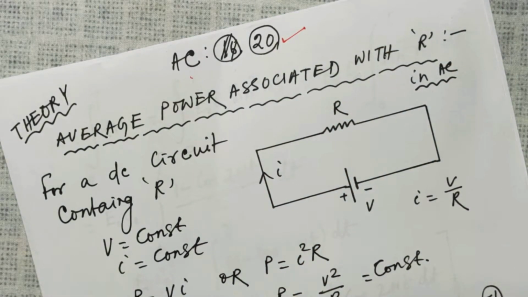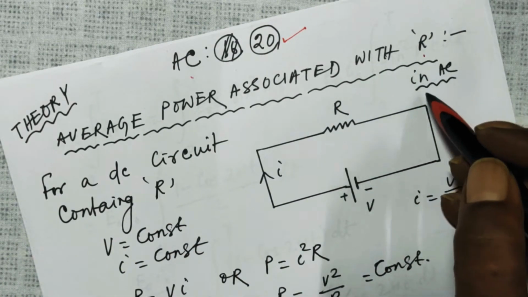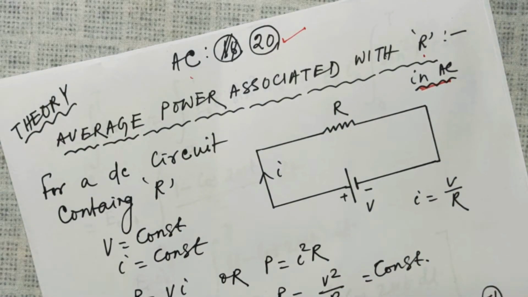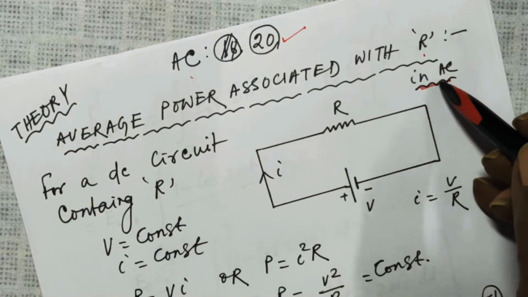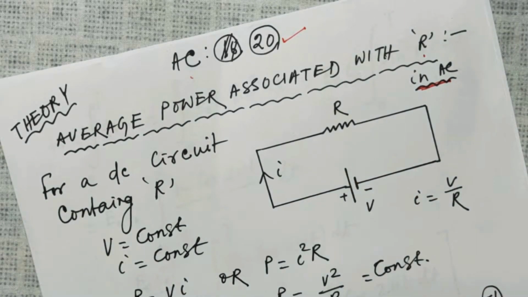What we'll be discussing: what is the average power associated with resistance in an AC circuit, not DC, in AC. Before I discuss this, let me clarify this diagram.